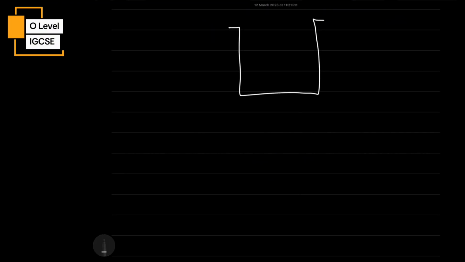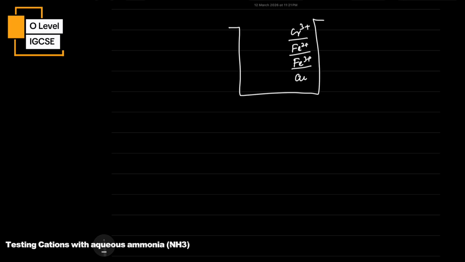Testing of cations with respect to aqueous ammonia. For example, I again have Cr3 positive ion, that is the chromium ion, Fe2 positive ion, iron 3 positive ion, and copper 2 positive ion. All these ions are called transition metal ions.